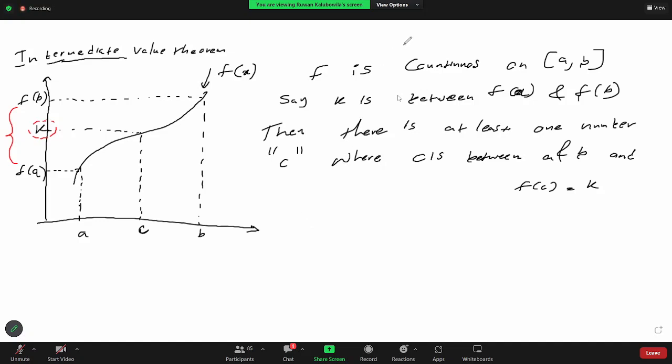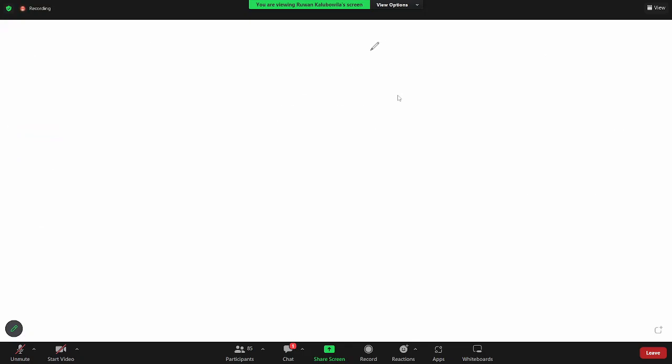So let's clear this one. Now we are going to do something using this intermediate value theorem. Let's define a function. I will take the range a and b like this.